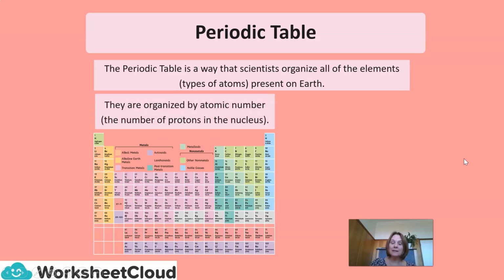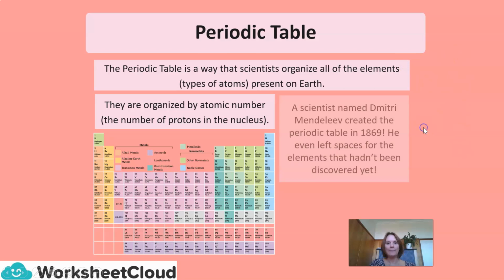They are organized by their atomic number, and the atomic number is the number of protons in the nucleus. Don't get stressed. Deep breath, breathe in, breathe out. It's a lot of new information to take in, but we're going slowly.